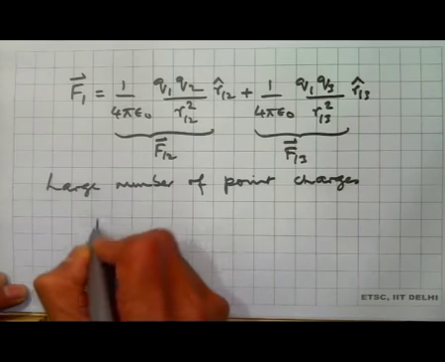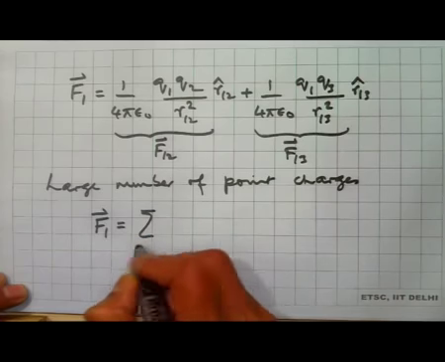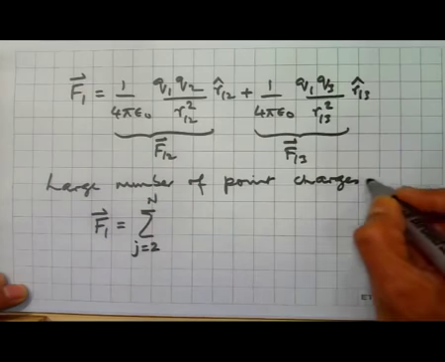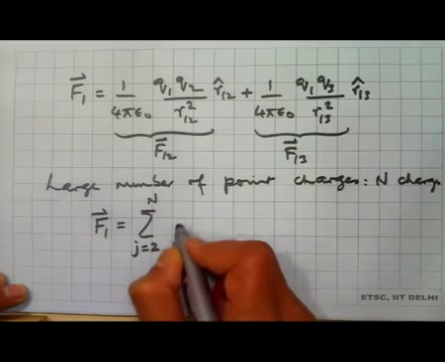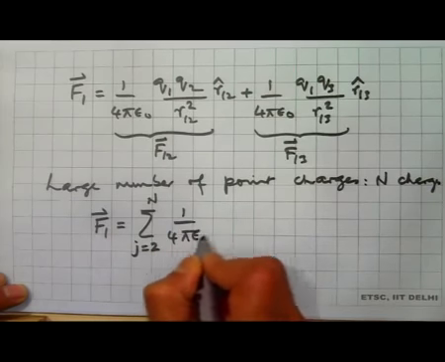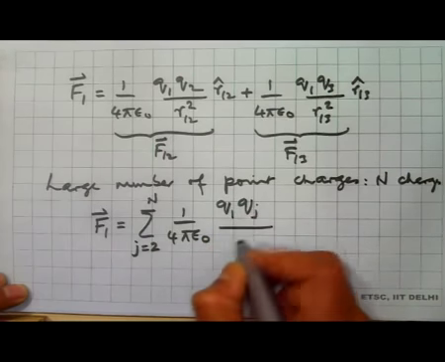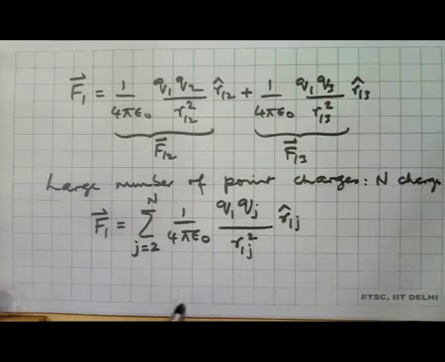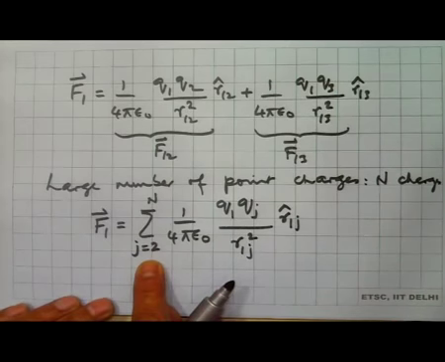I can write the total force on a charge Q1 as sigma j equals 2 to n, where there are n charges, 1 upon 4 pi epsilon 0 Q1 Qj divided by R1j square R1j cap. Note that this summation does not include the charge on which I am calculating the force.